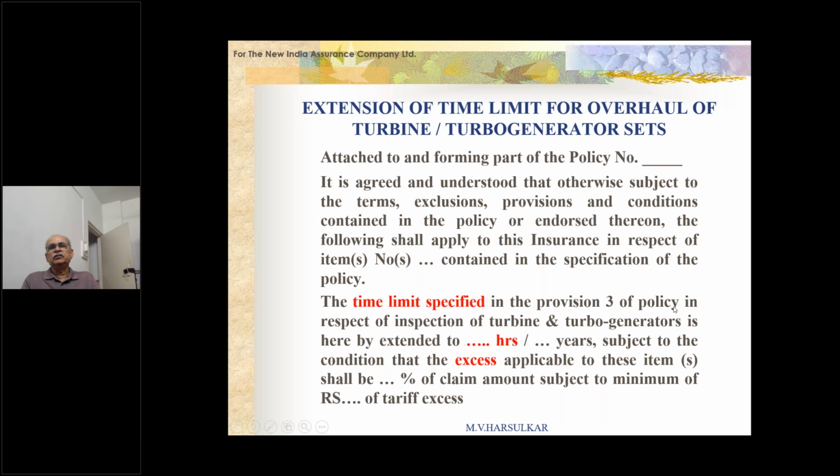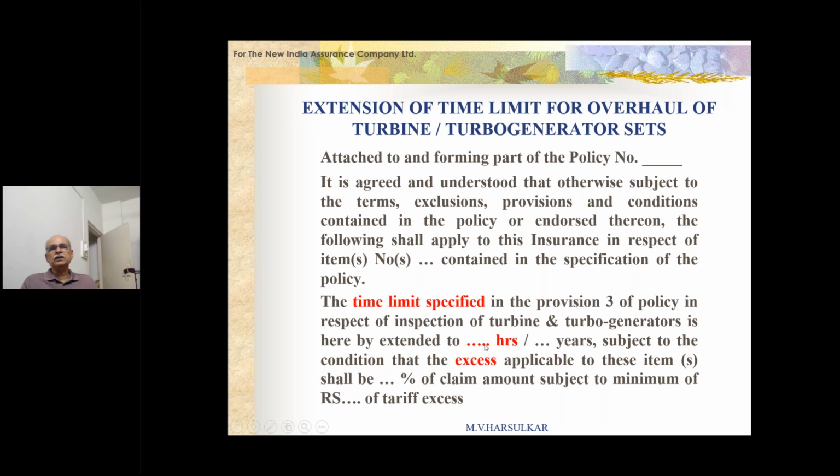Now, the insured has asked for an extension beyond 32,000, and the insurance company has agreed. The tariff says the insurance company can allow this, and they may charge higher rates. They may apply more excess than the standard excess. So if they have applied more excess, it should be mentioned here. Otherwise, whatever is the standard excess, they can mention here.